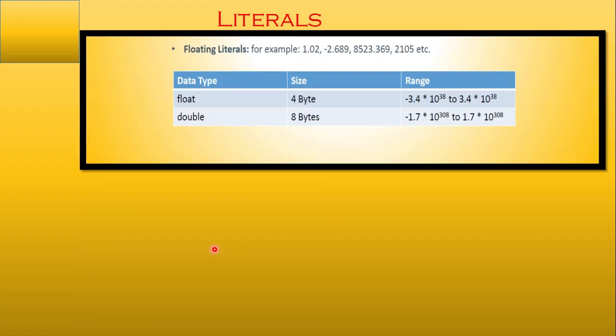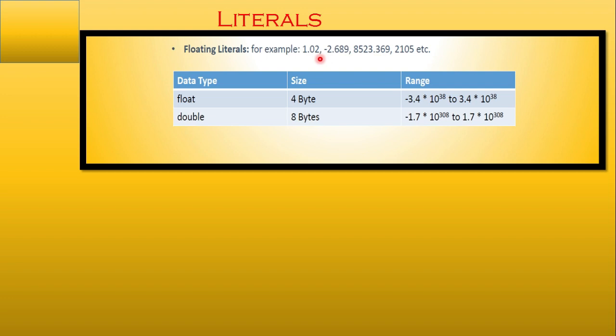Literals continuing, we have floating literals now. Floating literals means constants like 1.02, minus 2.689, then 8523.369, 2105, etc. See, here the numbers are represented with the decimals.